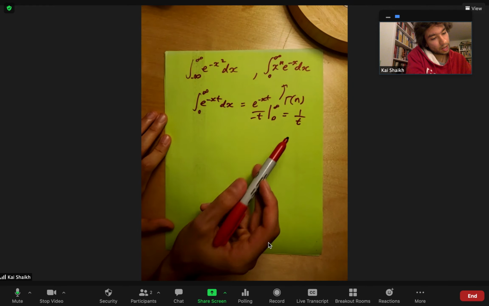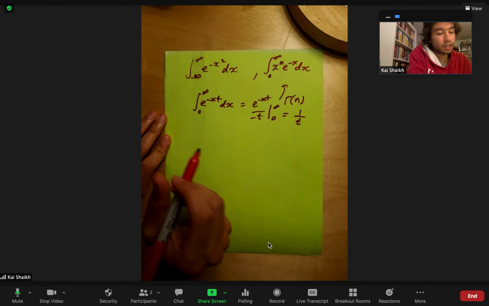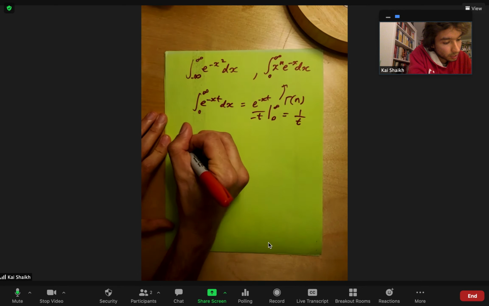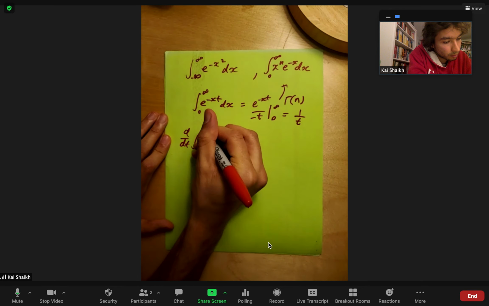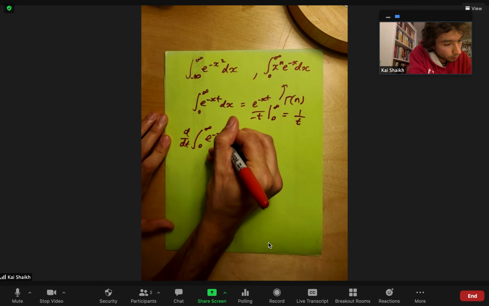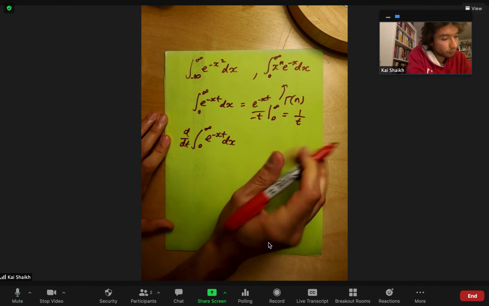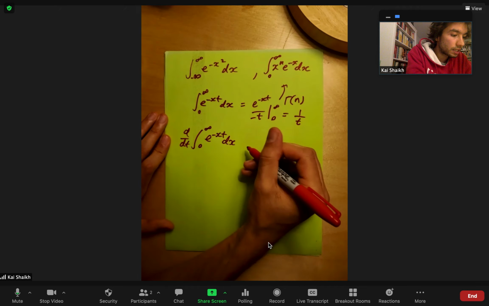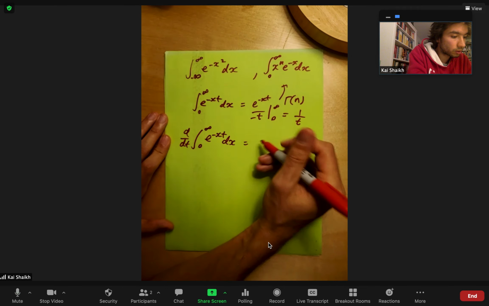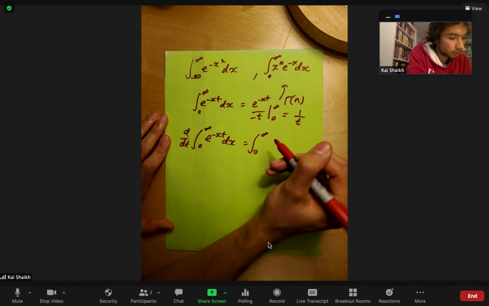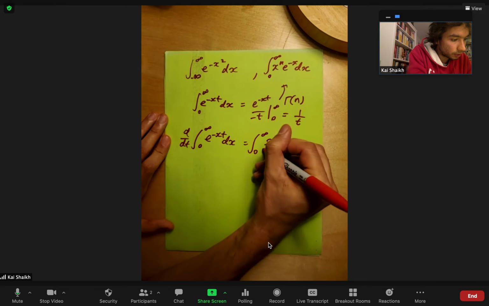Now, the key observation we're going to need is that when we take d/dt of this integral, the first fact we're going to use is that we can bring this derivative inside and make it a partial t.